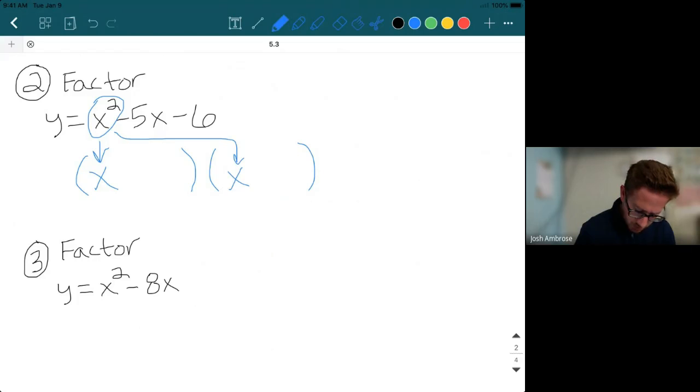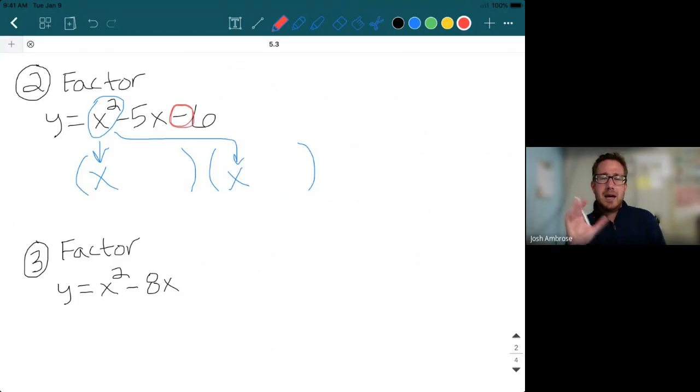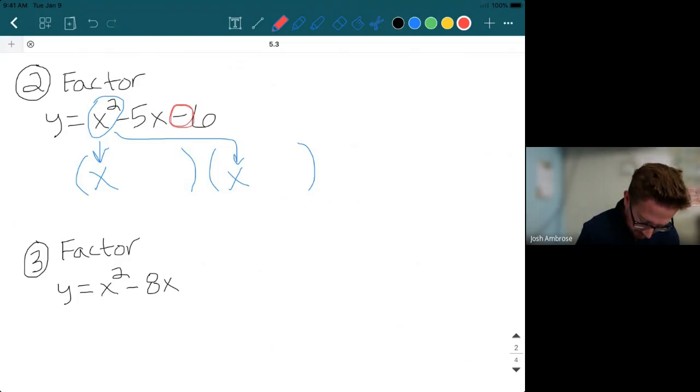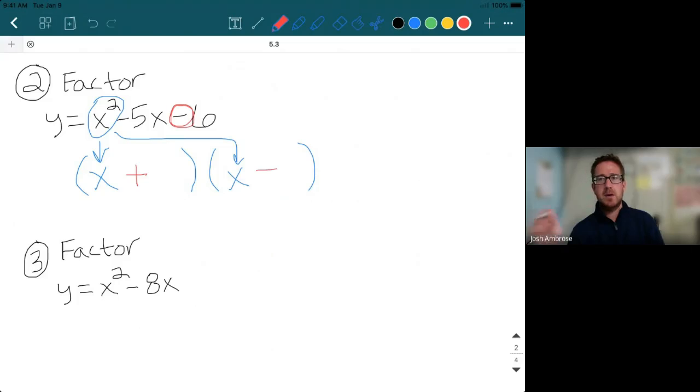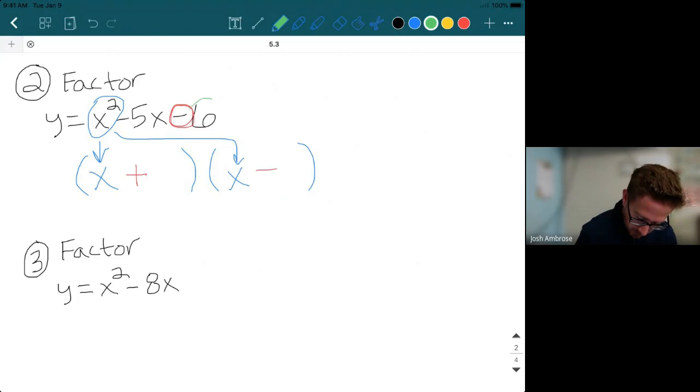Now step 2 is this sign right here, a minus sign. How do we get a negative when you are multiplying? You need opposite signs. A positive times a negative would equal a negative. So that's how you get that sign. Now, step 3 is we look at this number, 6. We have factors of 6: 2 and 3, or 1 and 6.